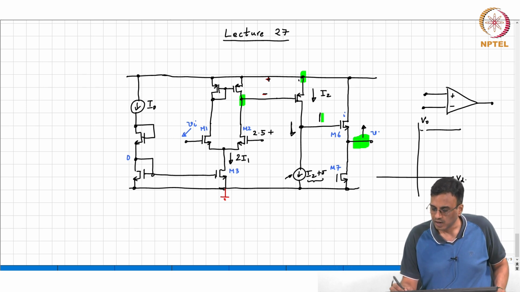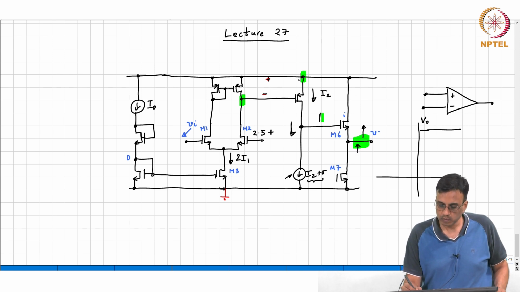Okay, and what is the lowest this voltage can go to? If this node has to go low, what must happen here? This should be in triode, so this voltage will be very small. So what will happen to M6 therefore?